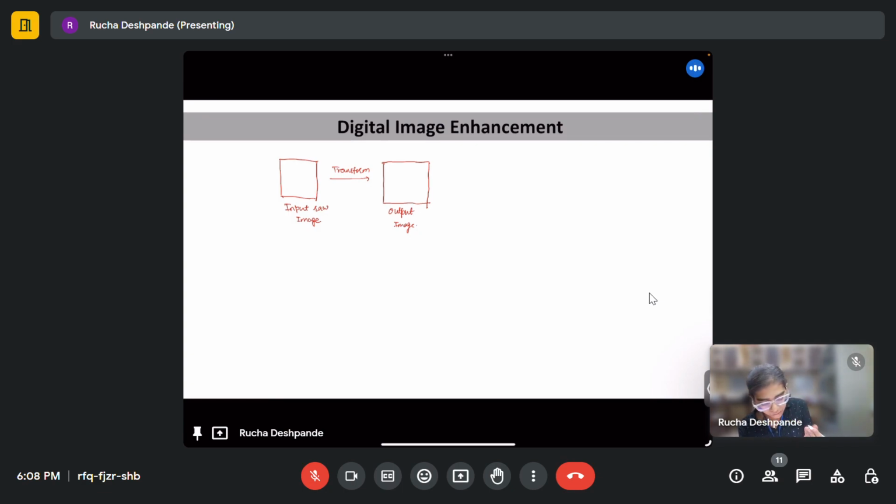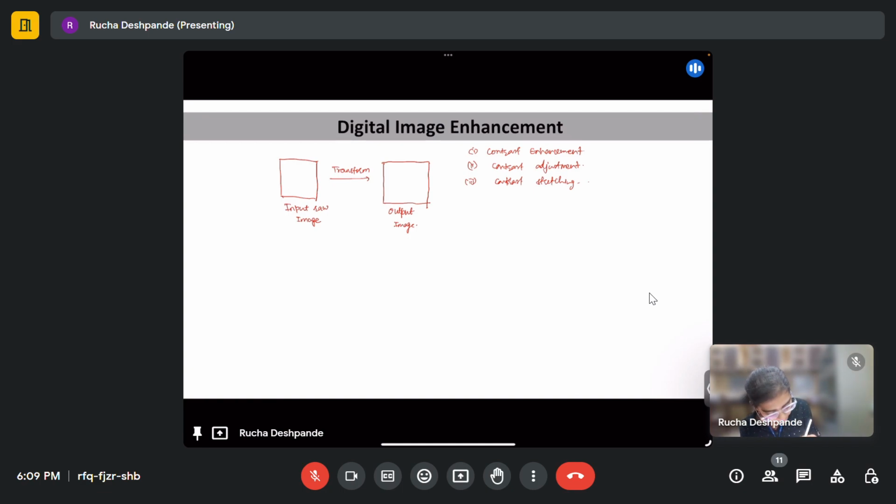This transformation can be used for contrast enhancement, contrast adjustment, contrast stretching, and so on.